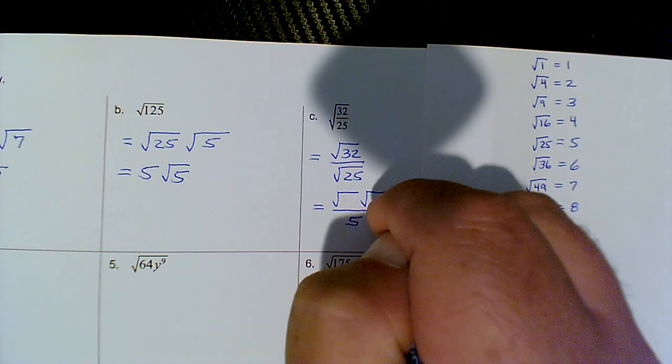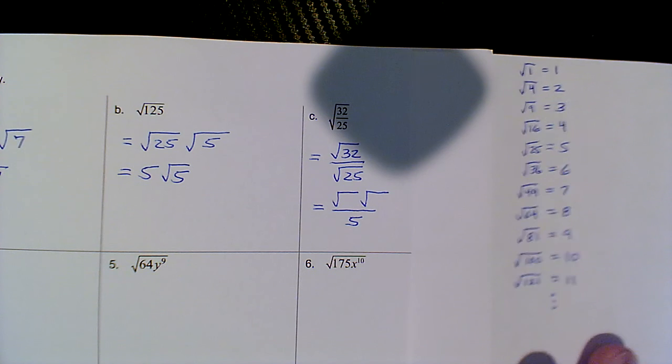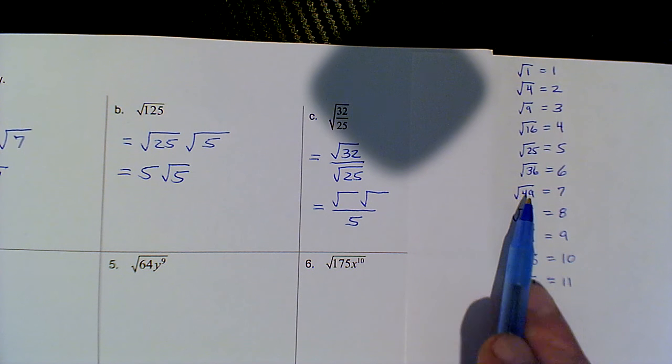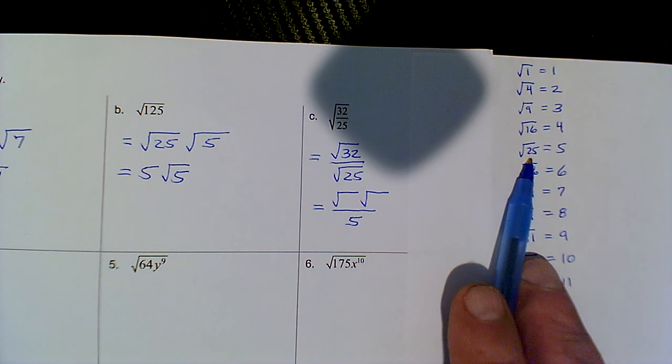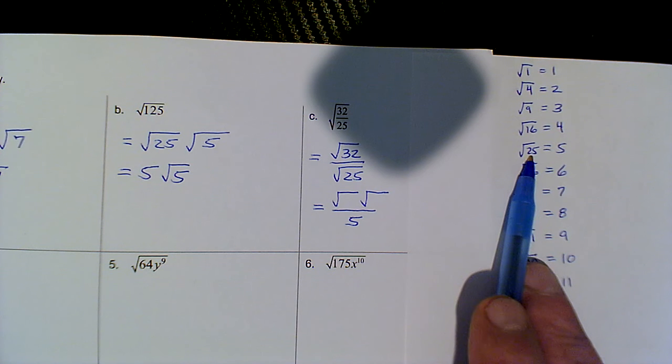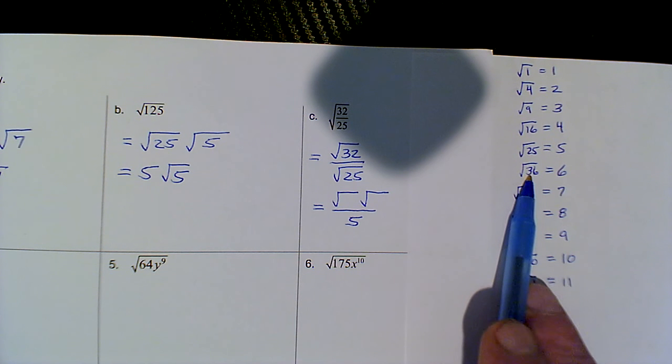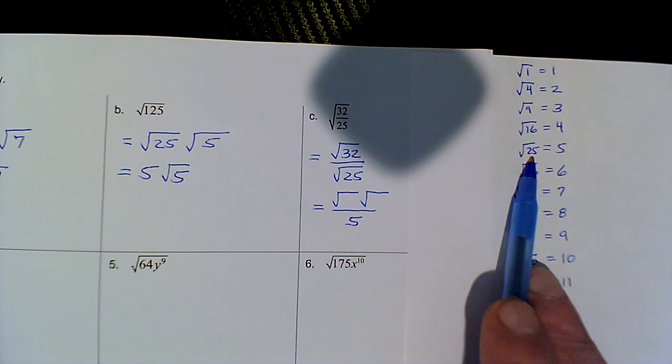So move up. Does 16 divide into 32 evenly? And yes, it does, 2 times. And so put the square root of 16 out in front, and the leftover is a 2. And then take the square root of 16, it comes out of the radical as 4. Leave the square root of 2 over 5.